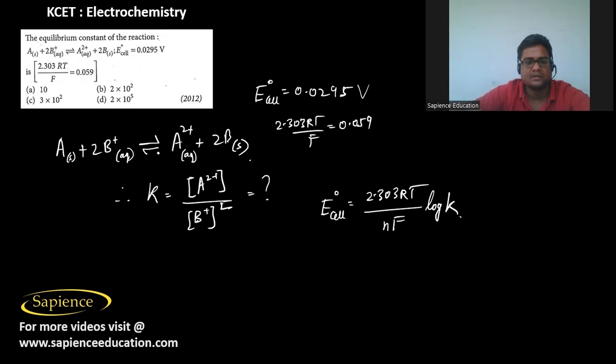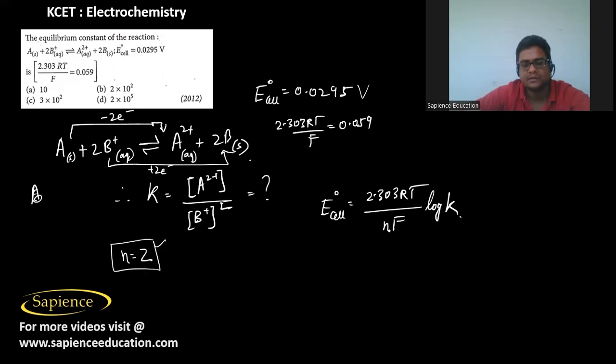And here A has to lose 2 electrons to form A2 plus ion, and 2B plus will gain 2 electrons to form 2 atoms of B. So here n is equal to 2, since 2 moles of electrons are used. Therefore E naught cell, 0.0295, is equal to 0.059 divided by 2 into log K.